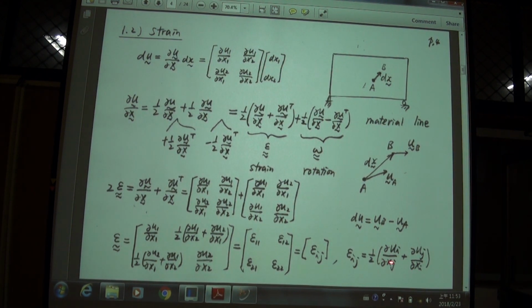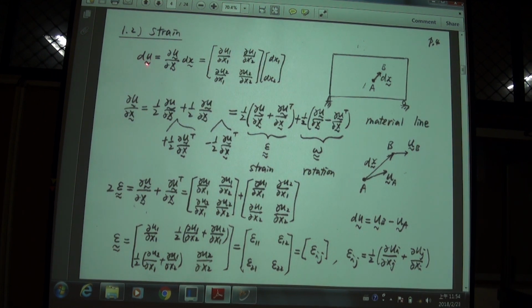Before we explain the mathematical rules of this notation, we first give some physical meaning about the gradient relation here. What is the physical meaning of this relation? The dx vector can be thought of as a material line. And then du, what is du?